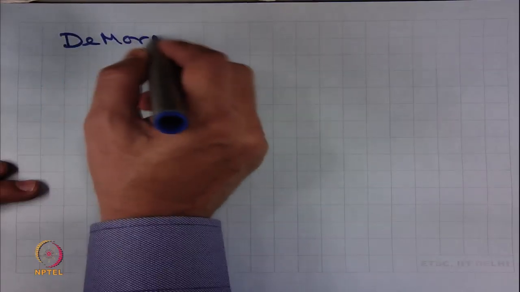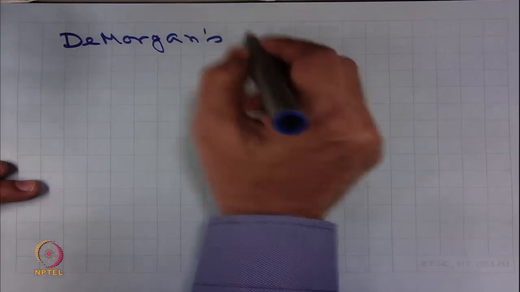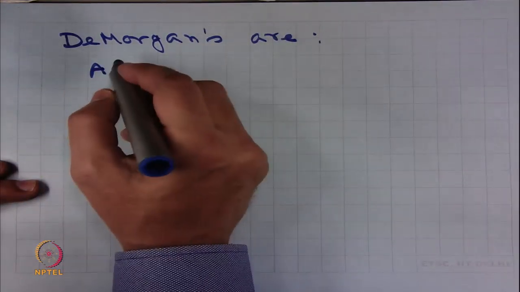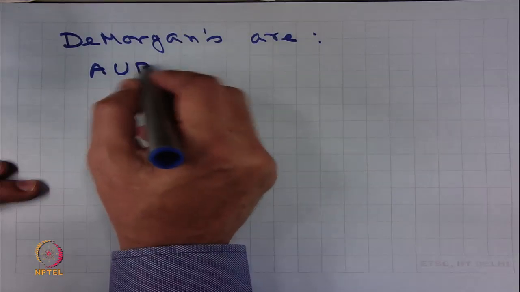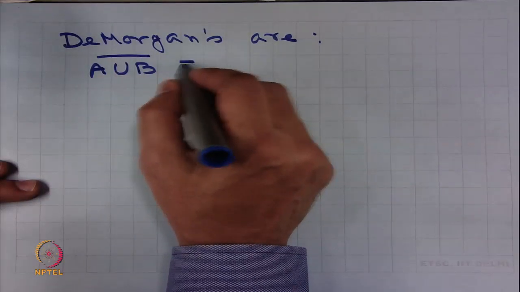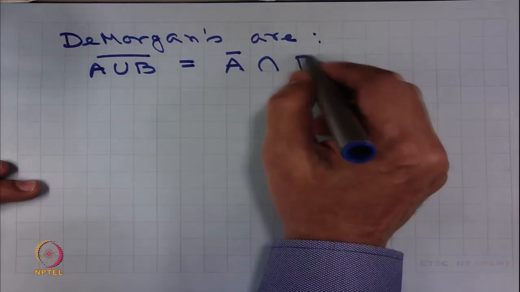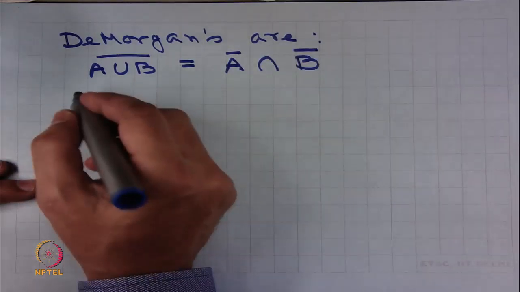De Morgan's laws are: (A union B) complement is equal to A complement intersection B complement.